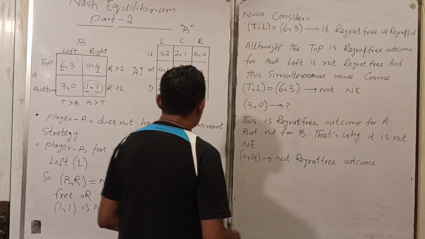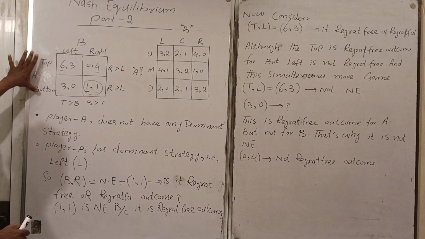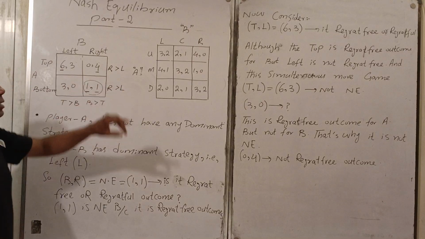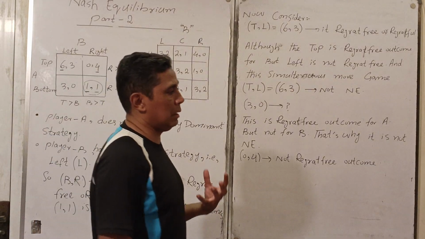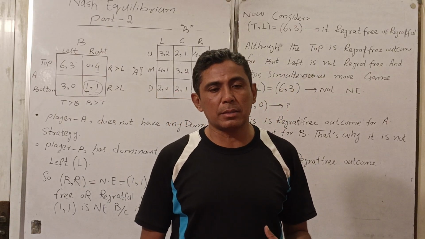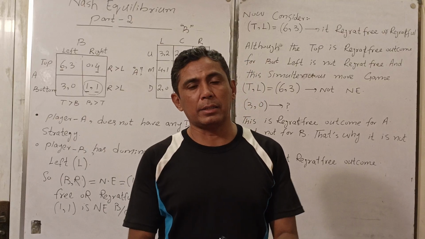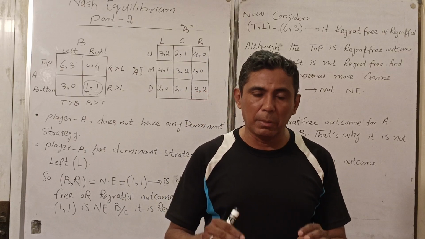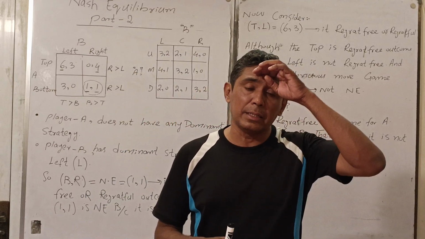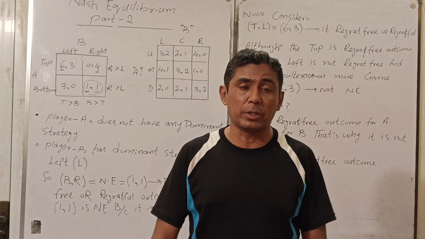Okay, so now we have concluded for payoff matrix 1. Okay, 1 1 is the only solution that represents the Nash equilibrium, and this is the stable simultaneous move game, and it is a kind of stability analysis, and we can conclude that this is not regret free, and it is the regret free outcomes.